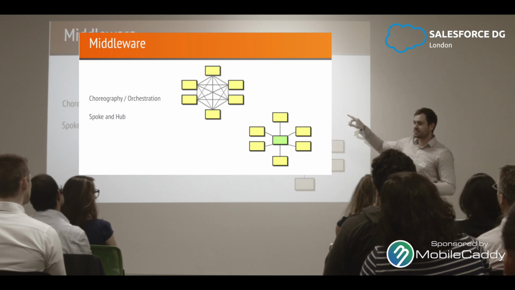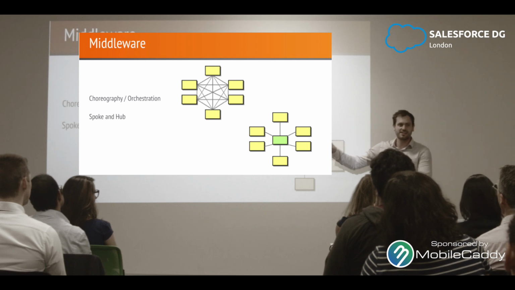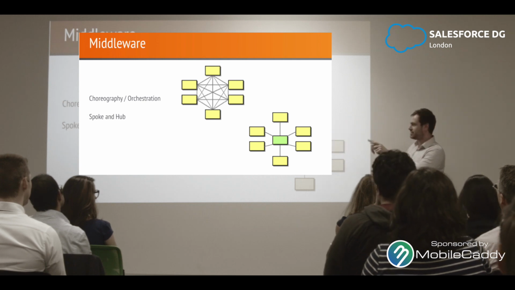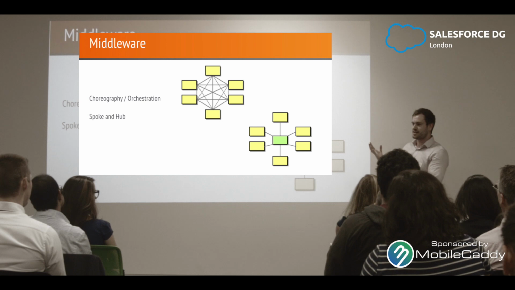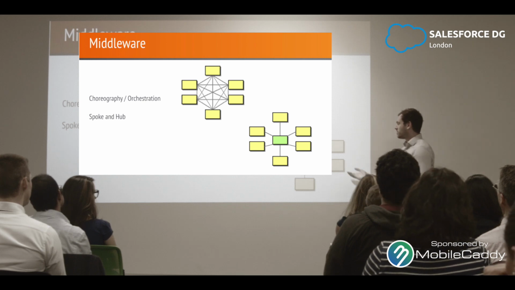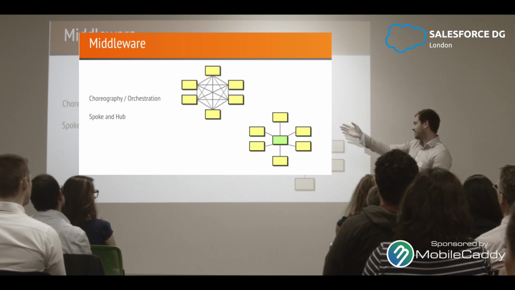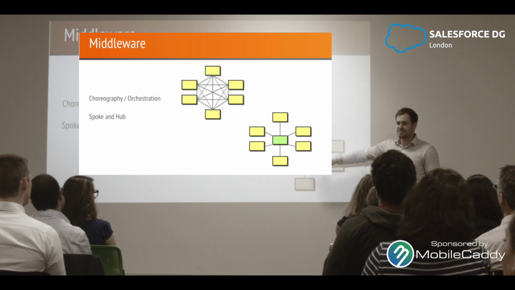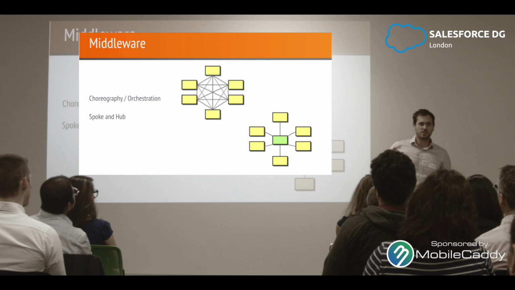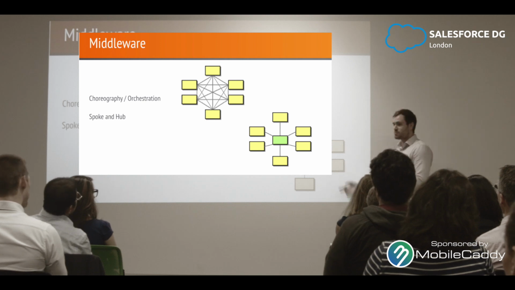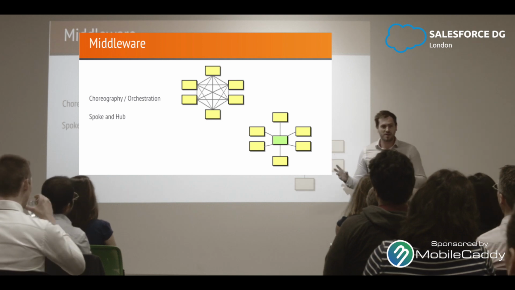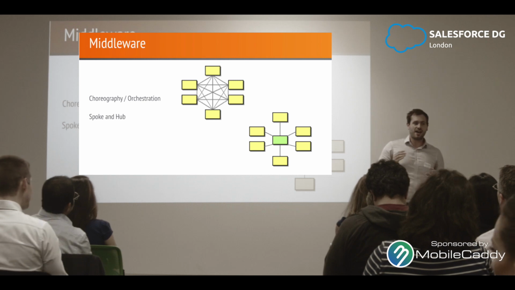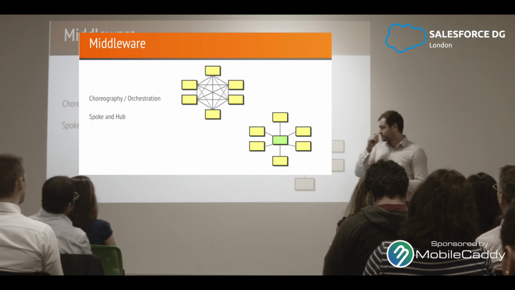If I add an extra system to that, you've then also got to create connections to all the other different systems, and it can get really, really messy. Whereas on the right-hand side, you've got the middleware in the middle. It's spoke-and-hub, which means when you add an extra system, it's one more integration, and then your middleware deals with the rest of it. You don't have to look after all of that.